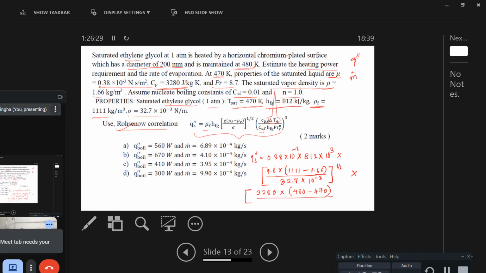Then CSF is given here, 0.01, into HFG, which is 812 into 10 to the power 3, into Prandtl number to the power n. Prandtl number is given as 8.7, to the power n is 1.